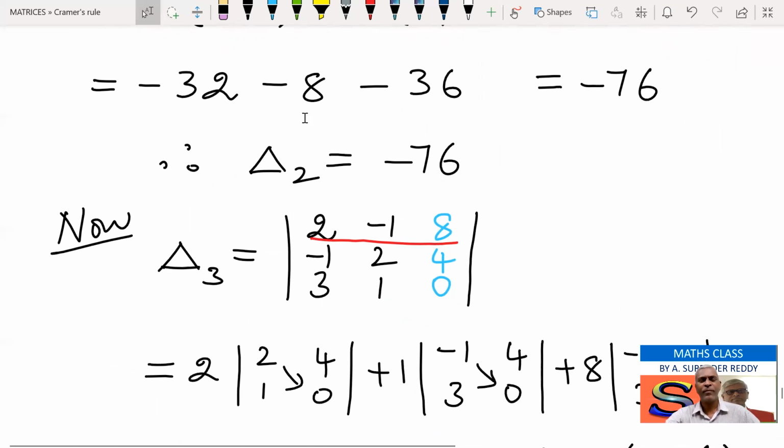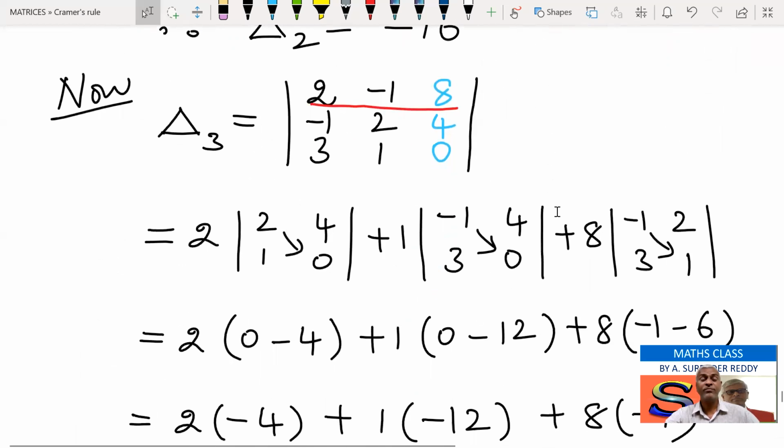Delta 3: 2 into the remaining 4, minus 1 into the remaining, 8 into the remaining 4. So remember this, for the second, you have to change the sign.